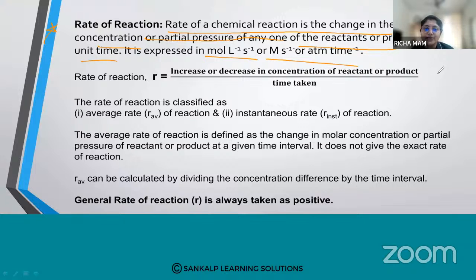Then, rate of reaction is the increase or decrease in the concentration of reactant or product with respect to the time taken. How is it classified? It is classified as average rate and instantaneous rate. What is average rate? It is a change in molar concentration of the reactant or product in a given interval of time.